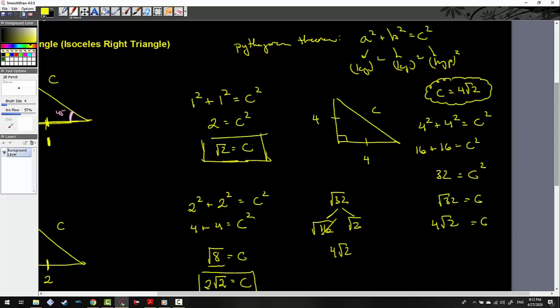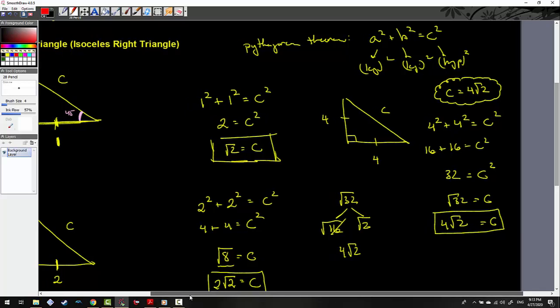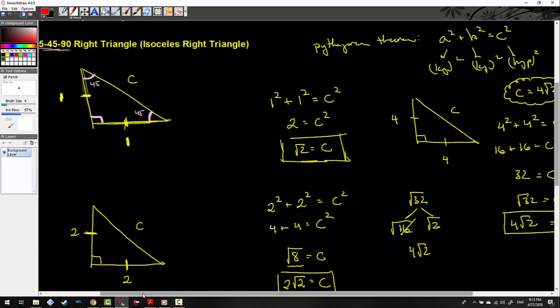Now, that does not answer the question of how you got that so fast. So, let's talk about how we got that so fast. I'm going to switch colors here. If you notice, in the very first special right triangle, our side lengths were each 1. And the number that's in front of the rad 2, technically it's a 1 right there.